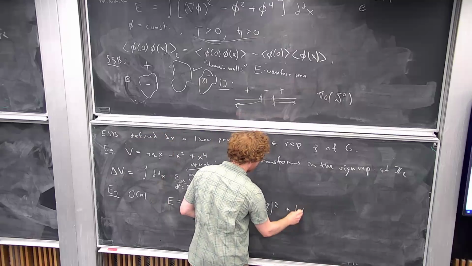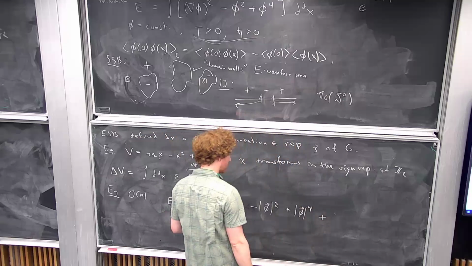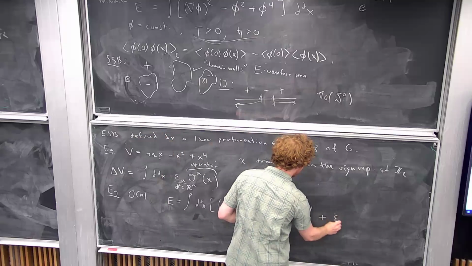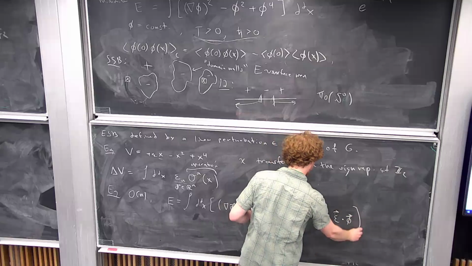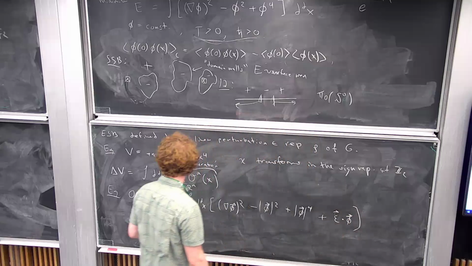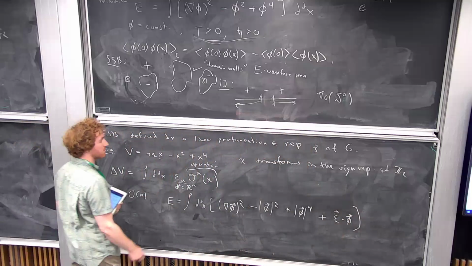Here's an O(N) symmetry breaking model, spontaneous symmetry breaking. But then we can add to it a perturbation epsilon, now transforming in the vector representation of O(N).